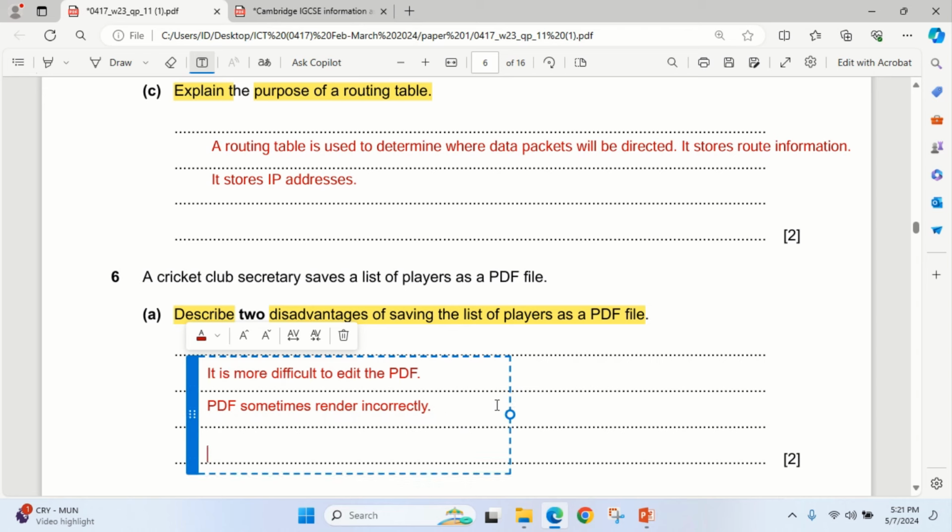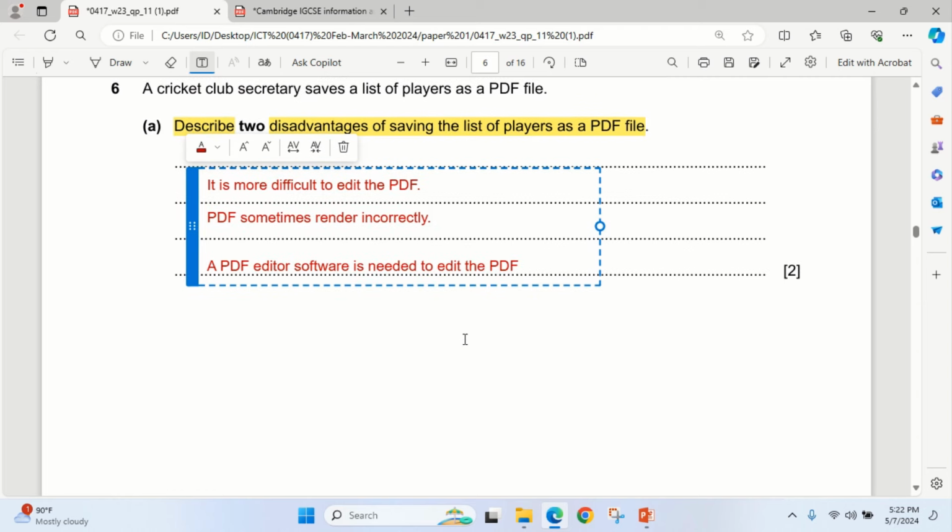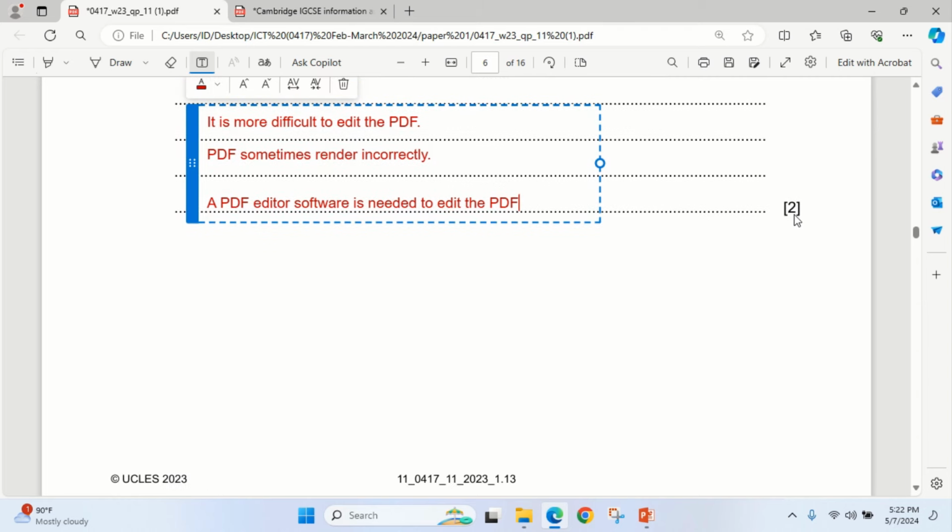And if you must do it very well, you just say a PDF editor software is needed to edit the PDF. So take note of that. You need to buy or to have a software, and if you don't have it, that might be difficult to do. So that's just for 2 marks.